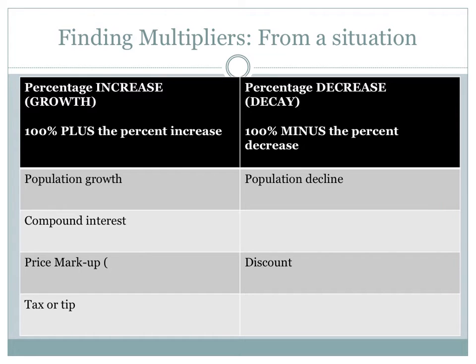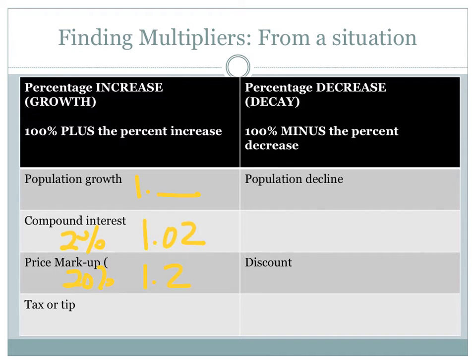So percent growth, an increase, you're always going to have a 1 something in front of it. With compound interest, 2% interest would be 1.02. And a 20% markup would be 1.2.